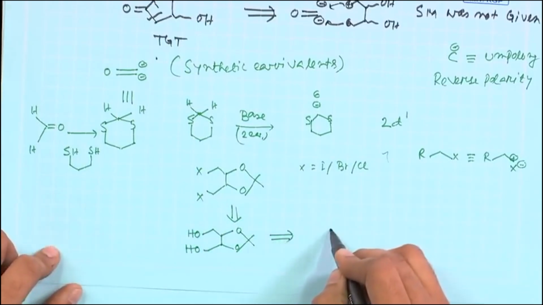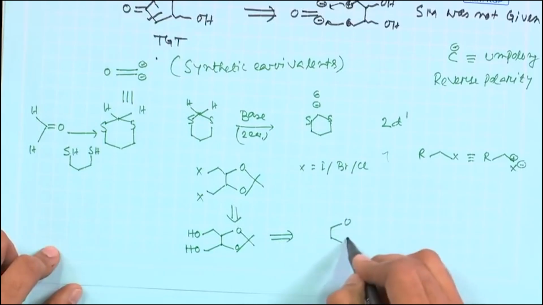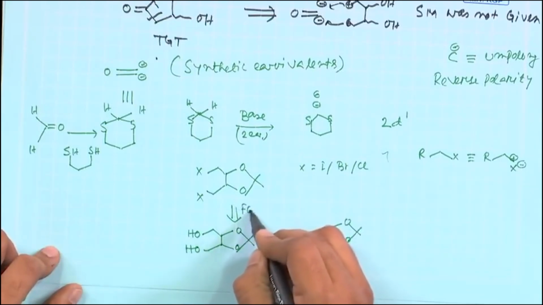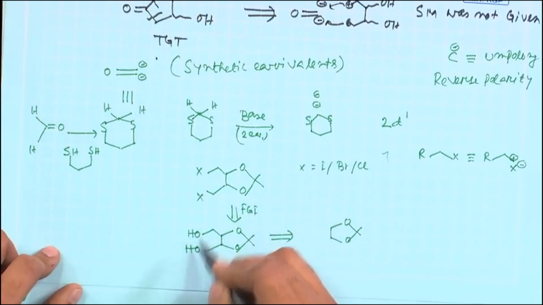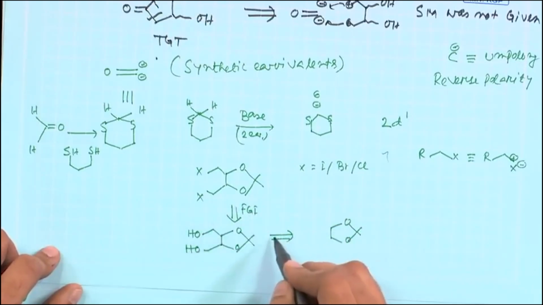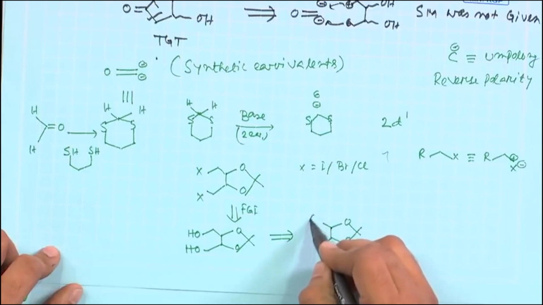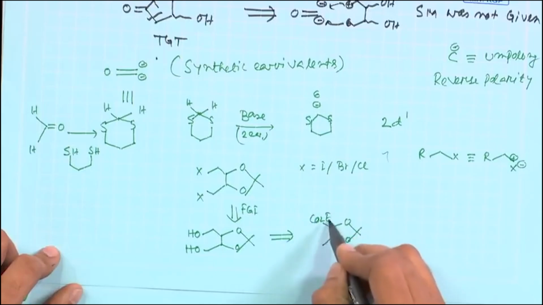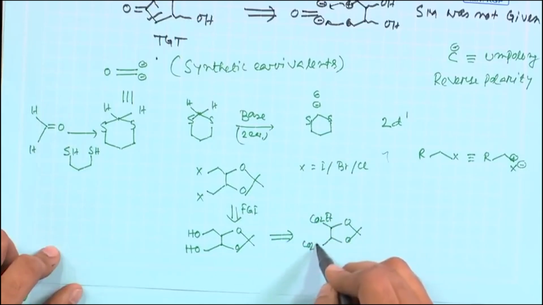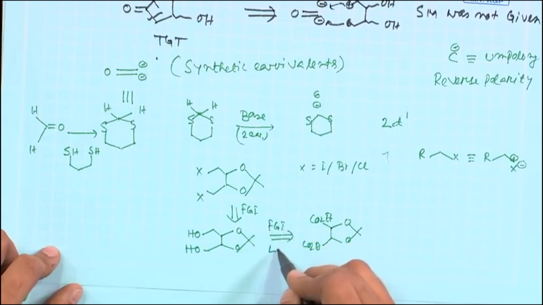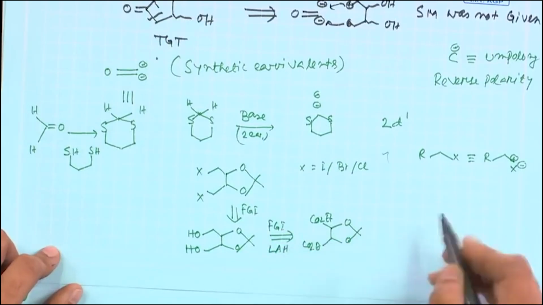and now do a retro again. This retro is based on functional group interconversion, where both the alcohols have been converted to the corresponding iodo. And now for this retro, if you have a diester, you can do a functional group interconversion through normal reduction like lithium aluminum hydride.